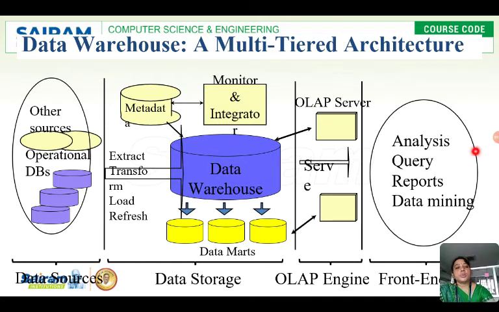So we need some tools for generating reports, analysis, and data mining, which will be in the topmost tier. So these are the 3 tiers. First, the bottom tier, in which we have different data sources; second, the data warehouse; and the topmost tier, the front end tools used for generating queries, reports, analysis, and data mining.